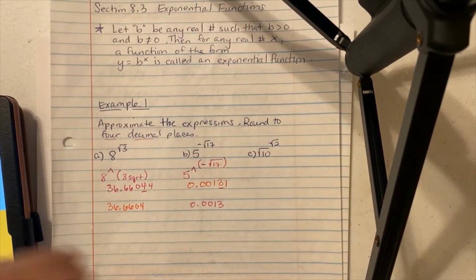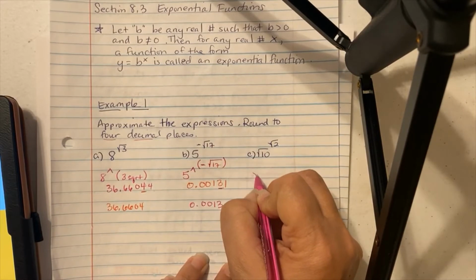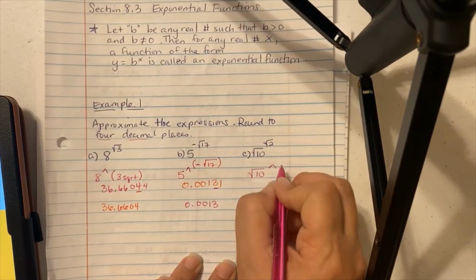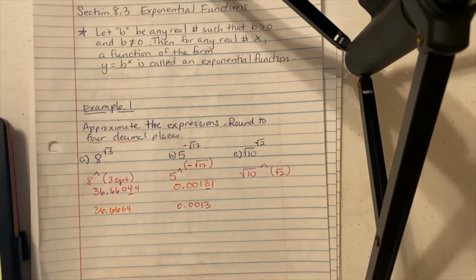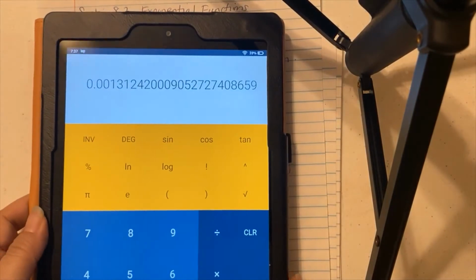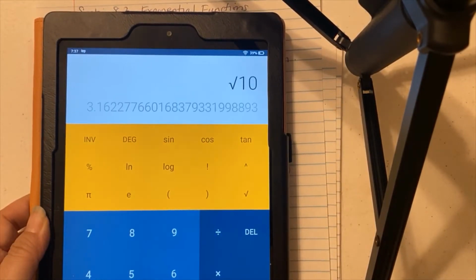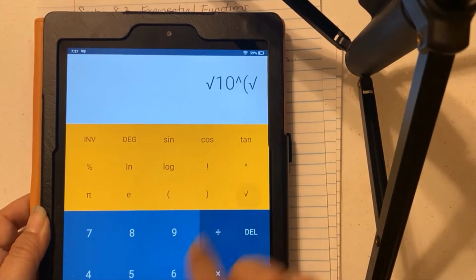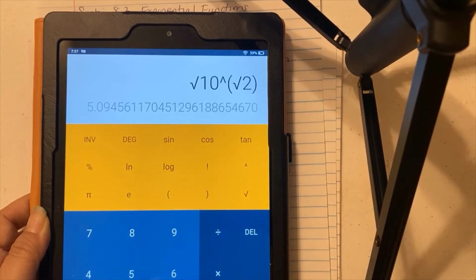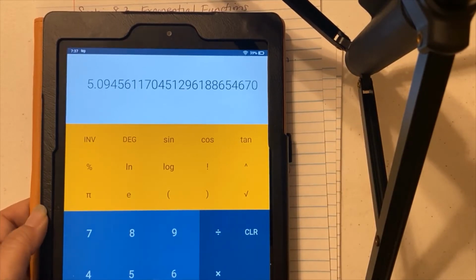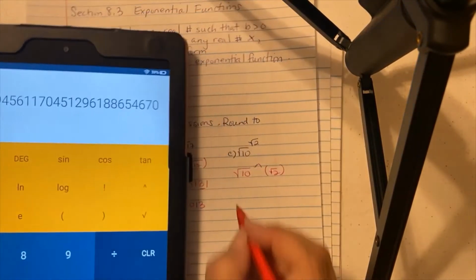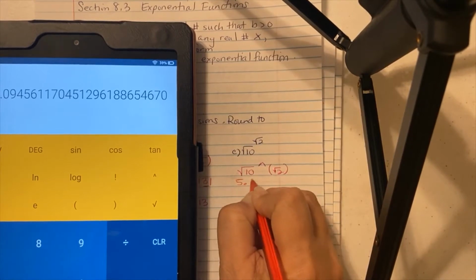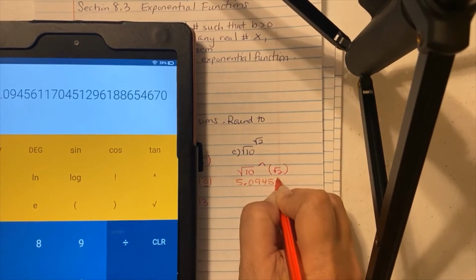So we're going to hit the square root 10, caret, parentheses, square root 2, closed, equals, and we get 5.09456.